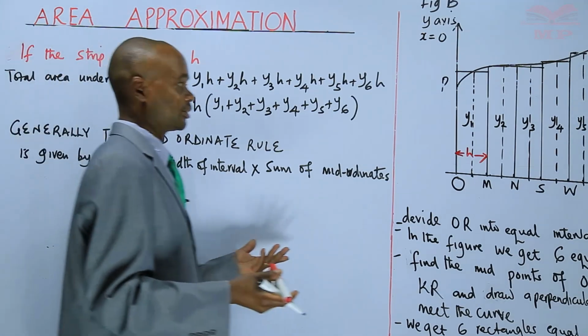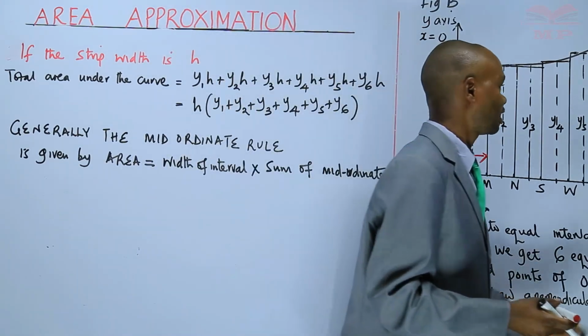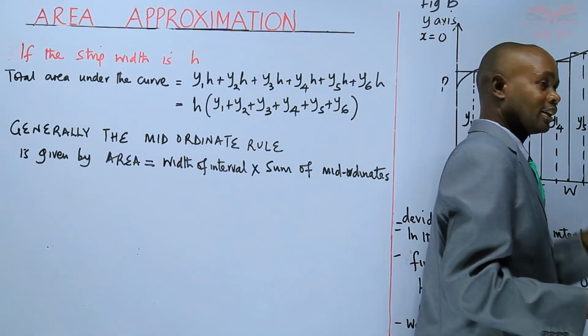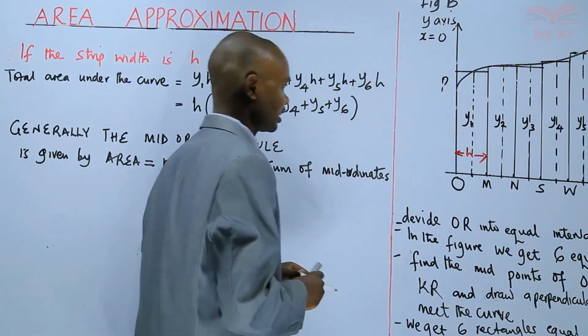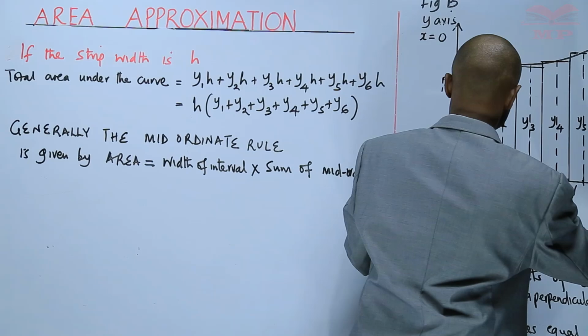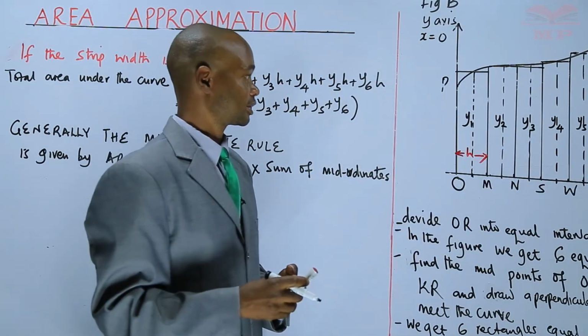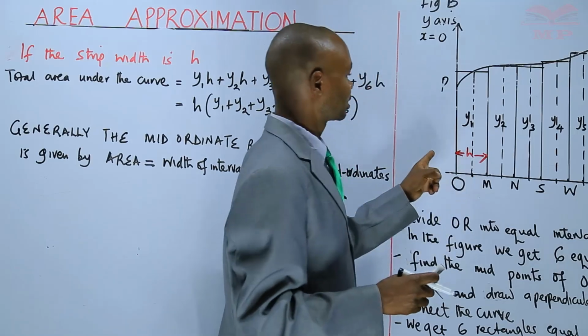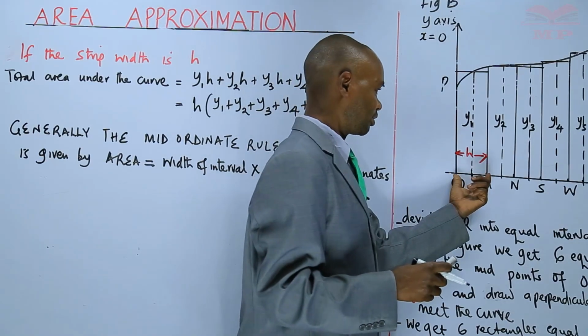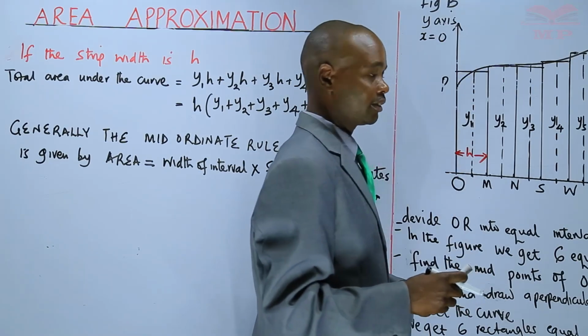You know where the mid-ordinates were coming from, and you know where we started. At the end of this, we projected a perpendicular to the x-axis. Then we divided that area into equal strips along the x-axis. From those, we got the midpoints of each strip, and we projected a perpendicular to meet the curve.